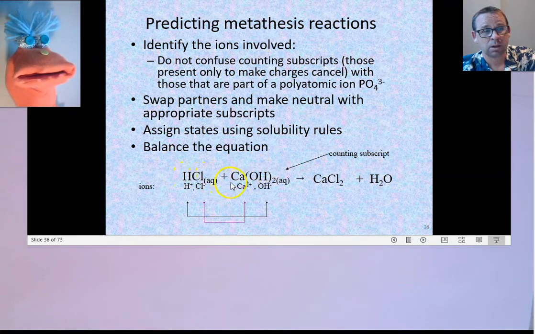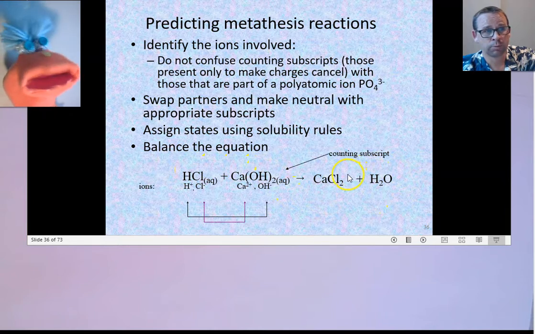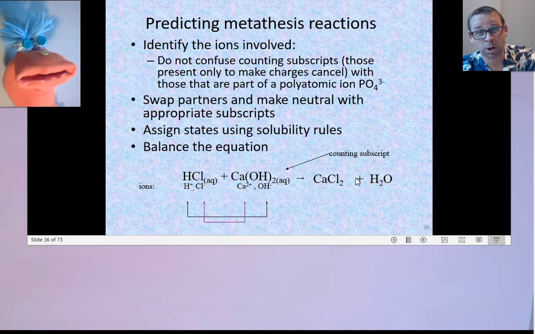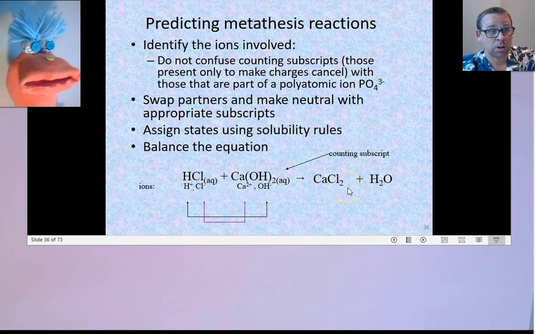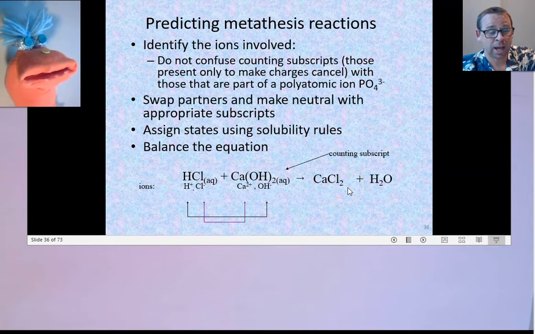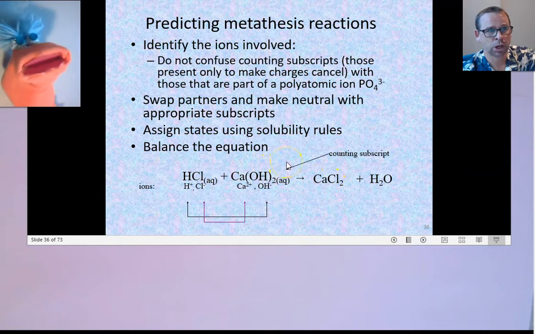We're combining these together. The partners change places. Is this a chemical reaction? Yeah, because water forms. That's right. One type of reaction is where water forms. Do you remember what this one's called? Acid-base. Very good. Where's the acid? The HCl, hydrochloric acid.